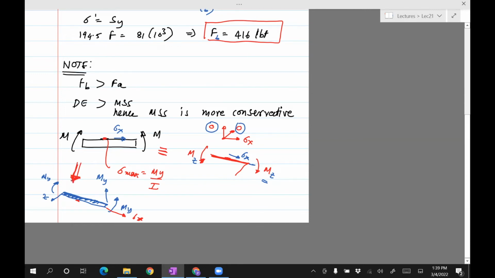So maybe not now, but I will probably have a problem where you change the loading and you'll have a situation where there will be all three stresses. But this particular moment, Mz, doesn't cause any sigmas other than sigma x, because there's bending in only that plane.